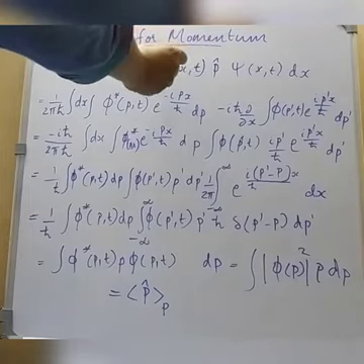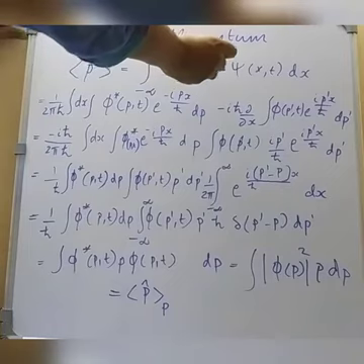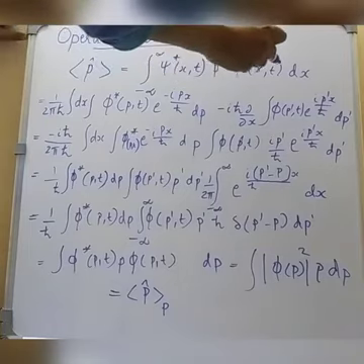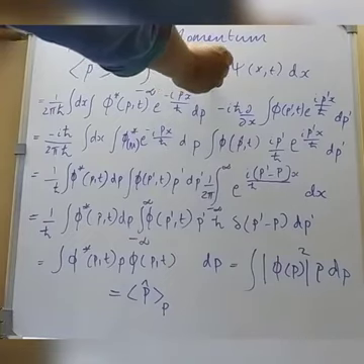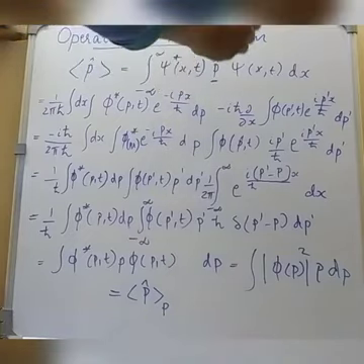Okay, so we have integral psi star of x comma t, operator P, psi dx. Yes, as usual, we sandwich P between psi star and psi.